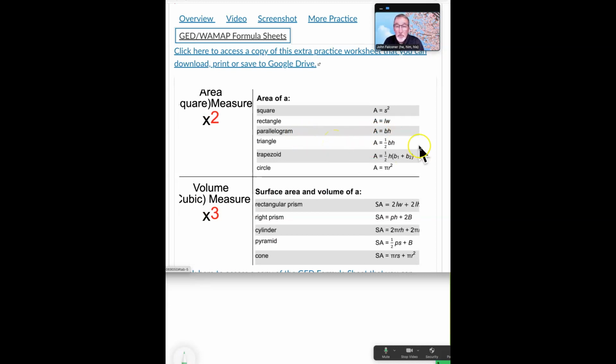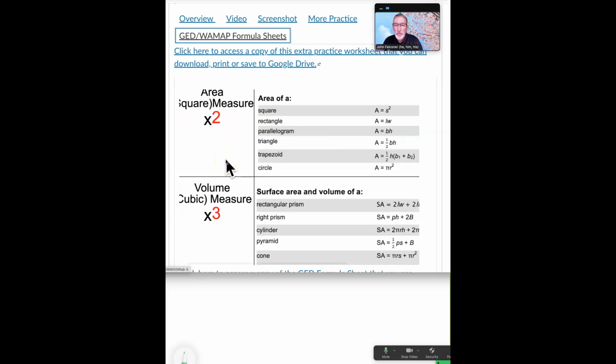You'll notice that when we talk about area, it's always square units, and square because we have two sides at perpendicular angles, a 90-degree angle, and that's where we get the square. Even when you take the area of a circle, the units will be square because you are finding the equivalent square shape to compare it to.